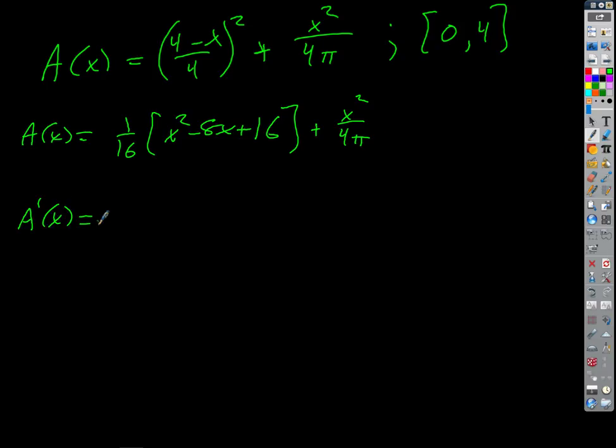What am I gonna get here? Two x over 4 pi, same as x over 2 pi, right?